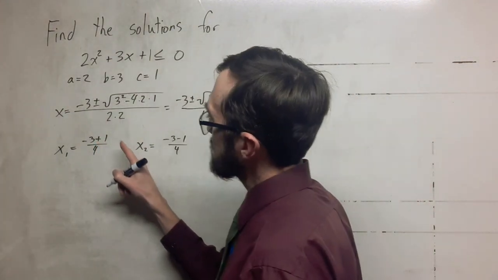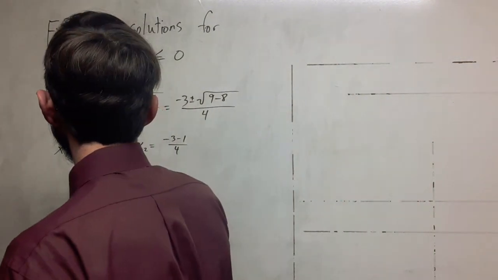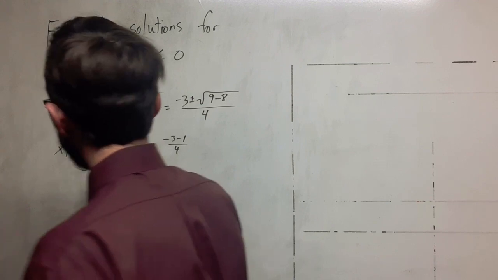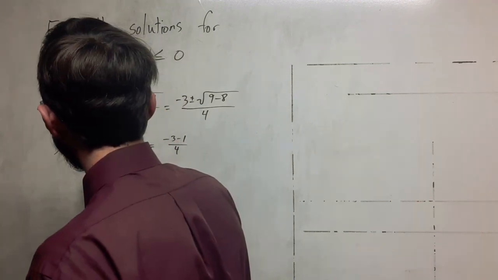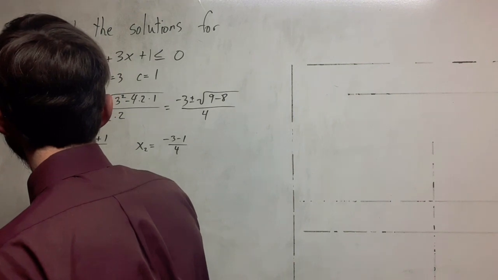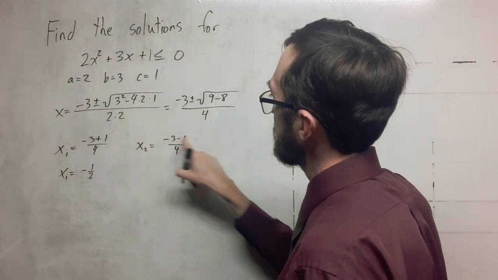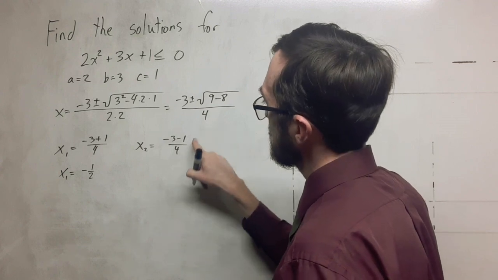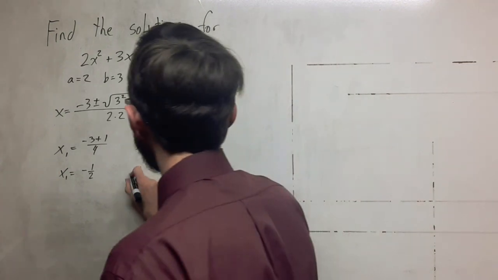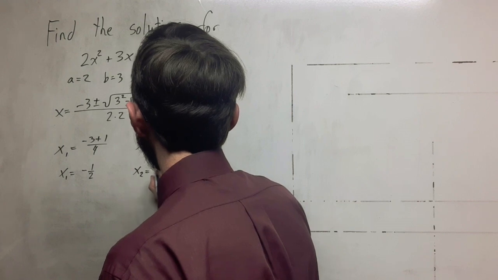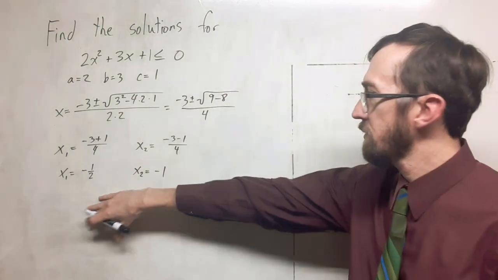Negative 3 plus 1 is negative 2, so we get negative 2 over 4, which is negative a half. And then over here we'll have negative 3 minus 1 is negative 4 divided by 4. This is going to be negative 1. So those are our two values.